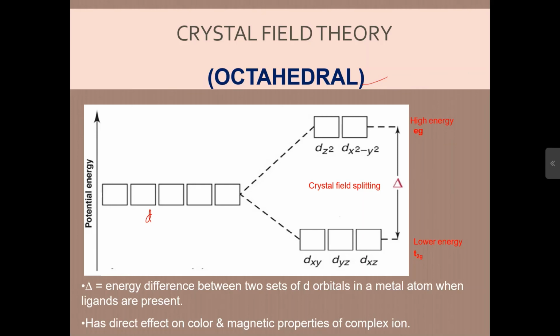Because of the interaction between the metal ion and the electrons from the ligand, it is separated. The orbitals dxy, dyz and dxz will be in the lower energy t2g, while dz squared and dx squared minus y squared will be in the higher energy eg. The energy difference between these 2 sets of d orbitals in the metal atom when the ligands are present has a direct effect on the color and magnetic properties of the complex ion.